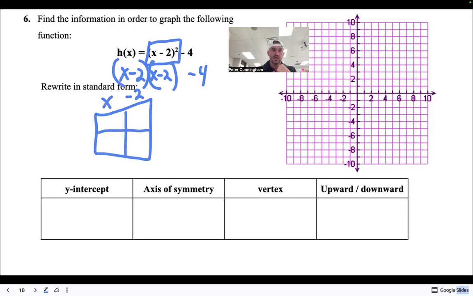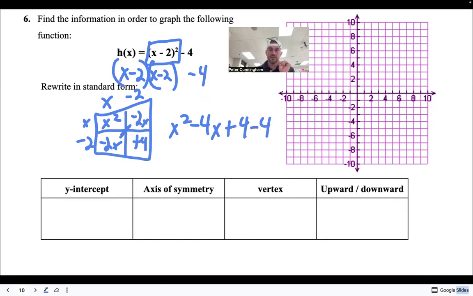Ooh, that's a sloppy Punnett square there. Okay, so we've got x squared, combine -2 and -2 to get -4x plus 4. Don't forget about that -4 at the end. 4 and 4 are going to combine to get rid of each other, essentially, in this case.